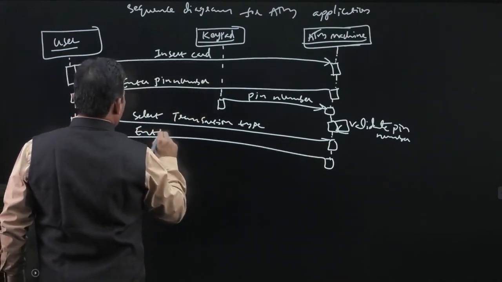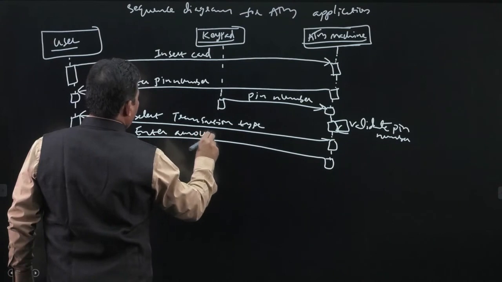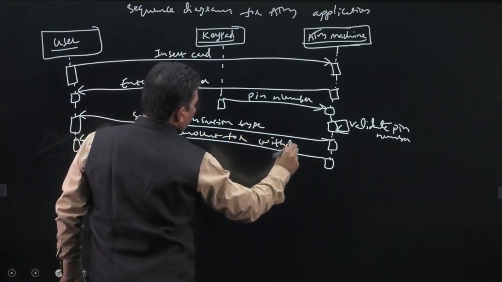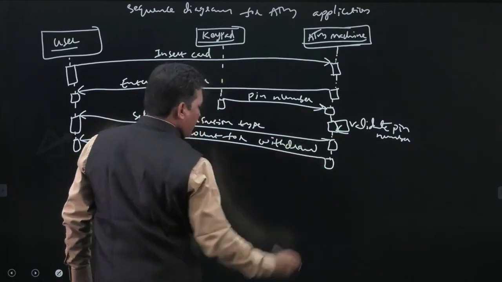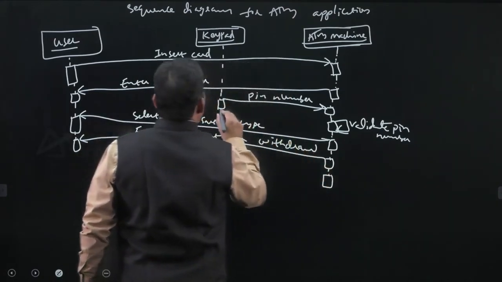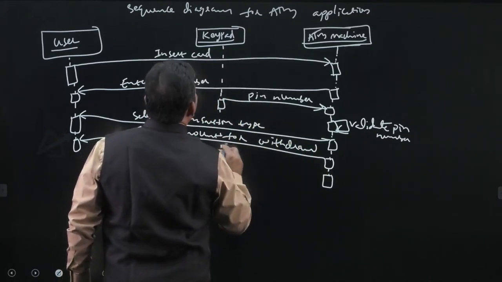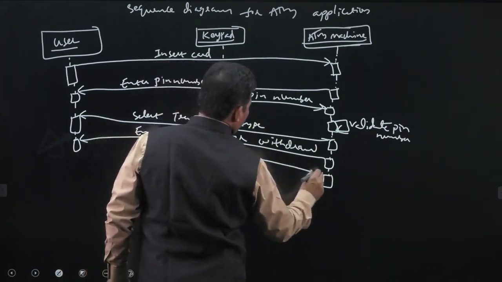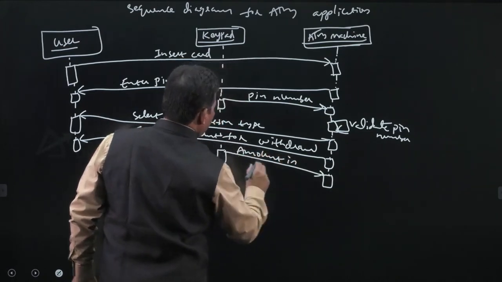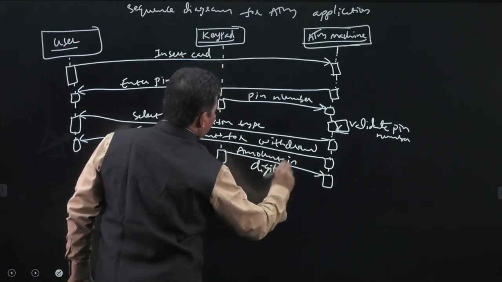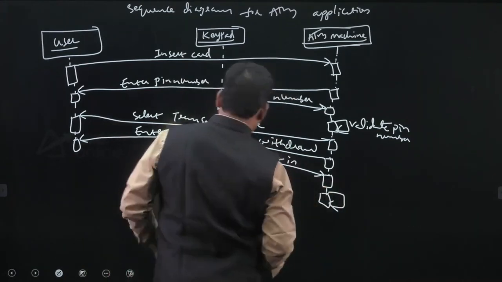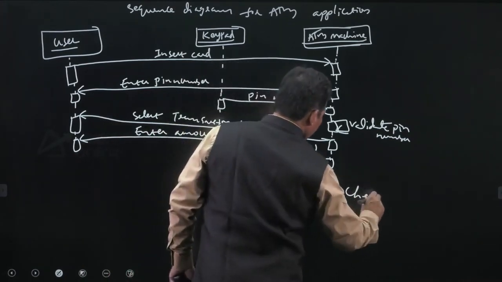The amount is entered by the user, in digits, with the help of the keypad, which belongs to the ATM machine. Whether the account holder has sufficient balance in their account or not is checked, so self message passing takes place.